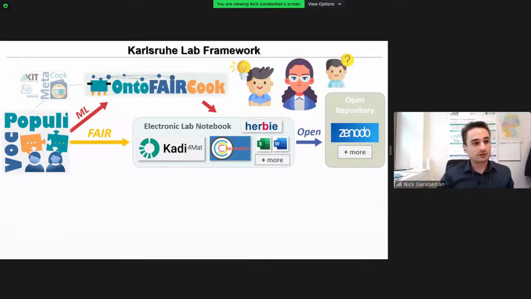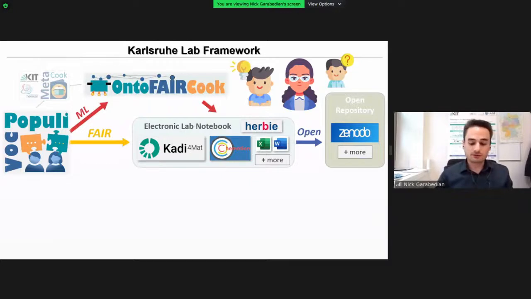Another user story now would be of another student who is, say, in the early stages of their bachelor's degree, who would like to learn about the lab's operations. So with this, here again, we can think about the vocabularies that were developed in Voc Populi as a place where newcomers to the lab can find a description of the procedures that take place in a lab, and thus become an easy entry point to any new student.